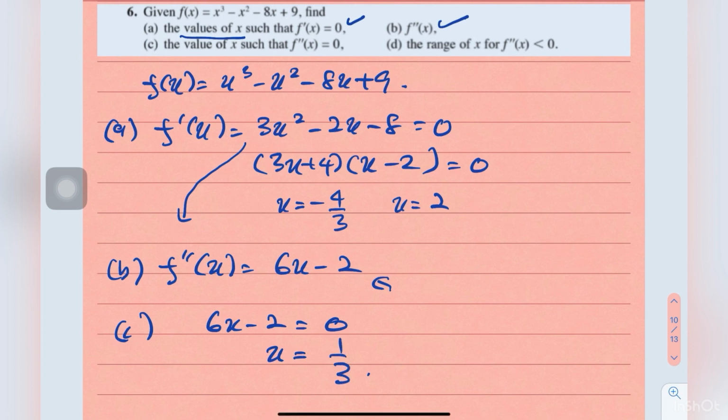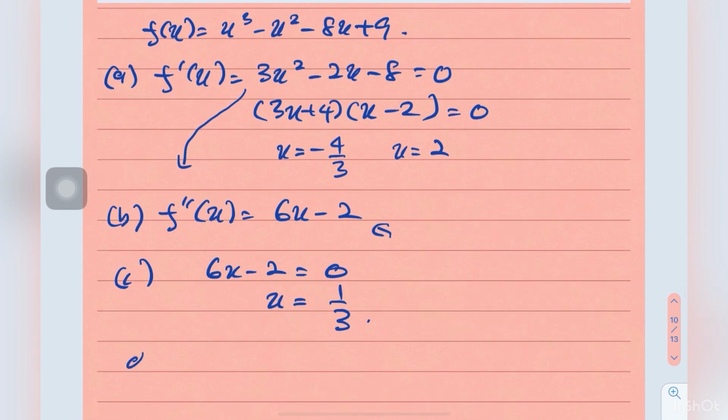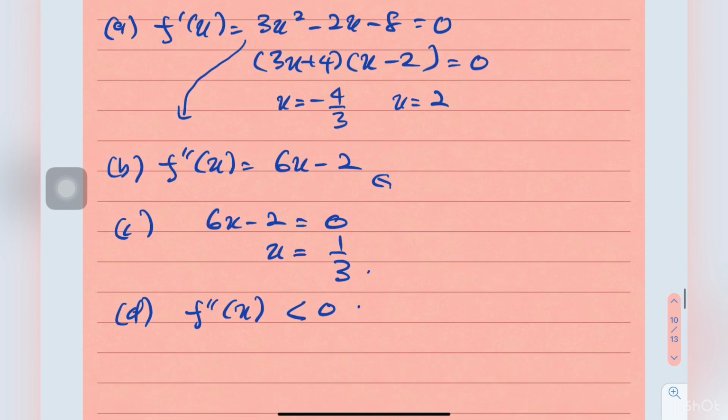Then part D, find the range of x for f double prime x less than 0. So f double prime x, just now 6x minus 2, less than 0. So x is less than 1 over 3.